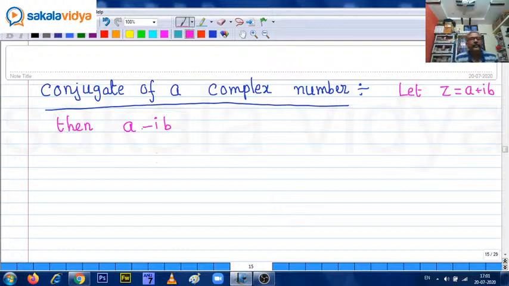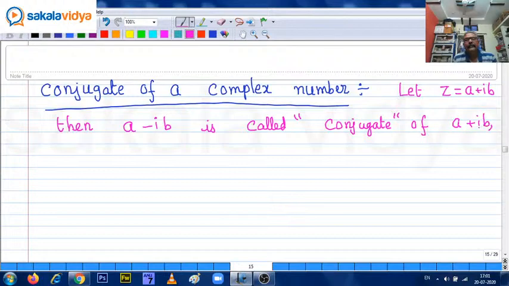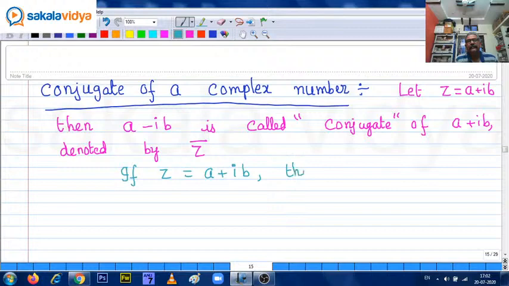So then a minus ib is called conjugate of a plus ib, denoted by z bar. That means here you remember, if z is equal to a plus ib, then z bar is equal to a minus ib.